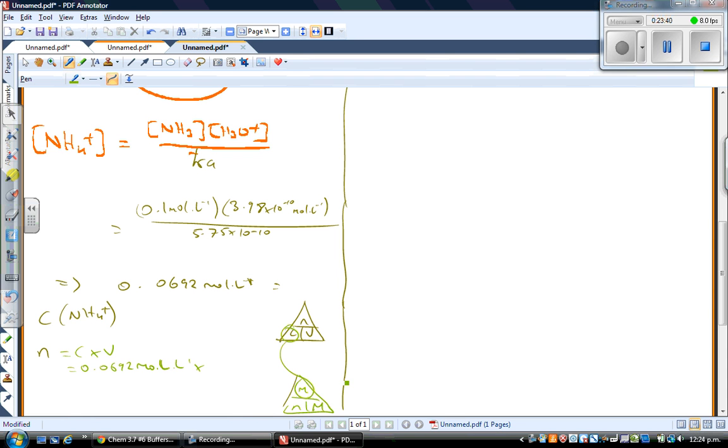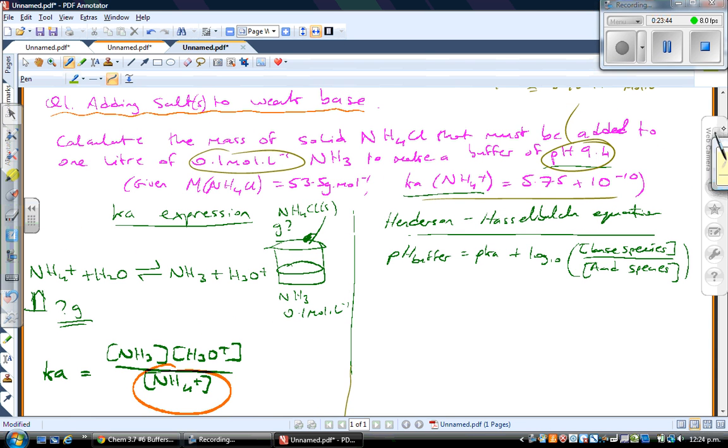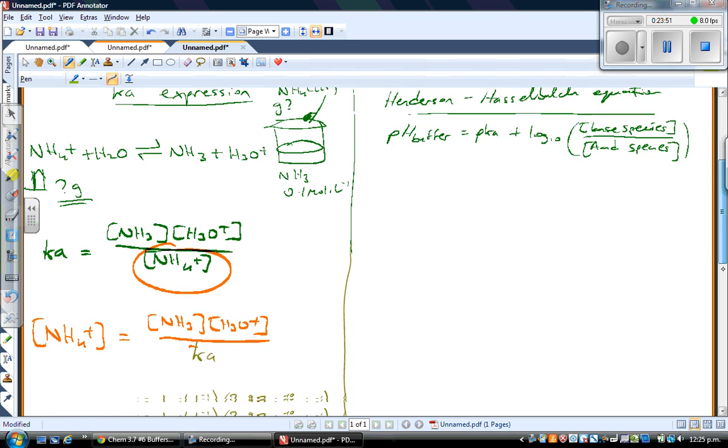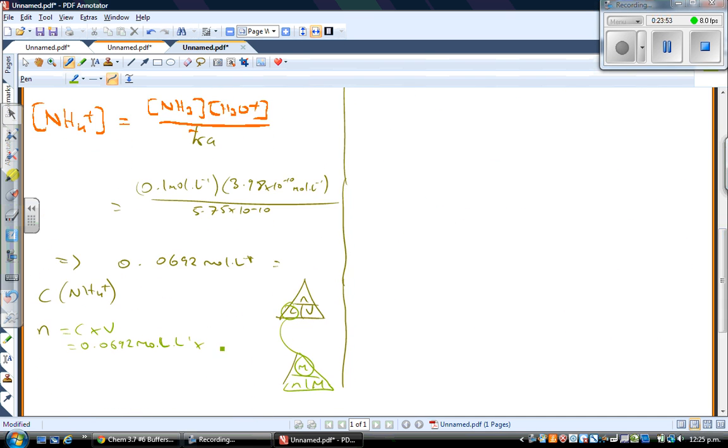The volume that we're given here is a liter. If we look back to the question, it was just sneakily thrown in there that you have 1 liter, so the volume is easy to consider here. That just simply means multiply by 1 liter, so our moles equals 0.0692 moles.